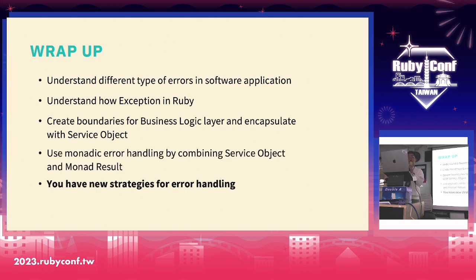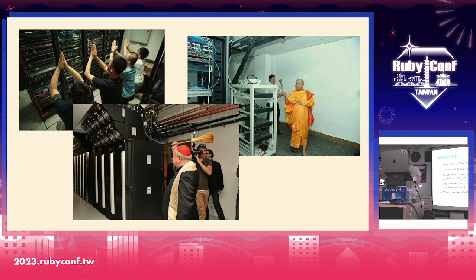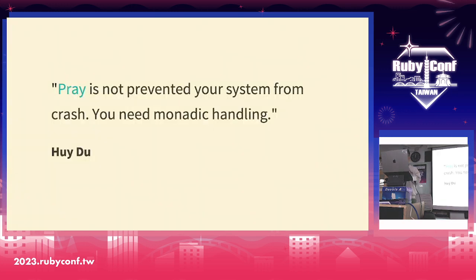We also use monadic error handling with the Scatter object and the monad result. So instead of praying, you need monadic handling for your code. That's all for me.